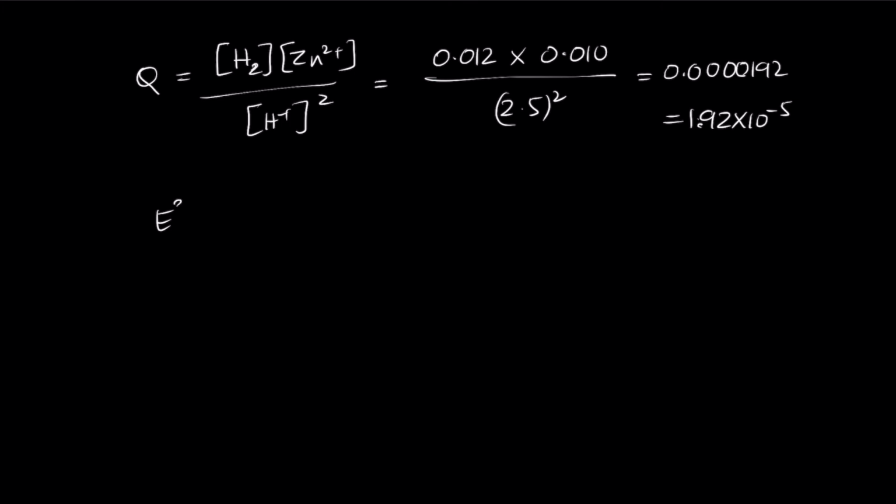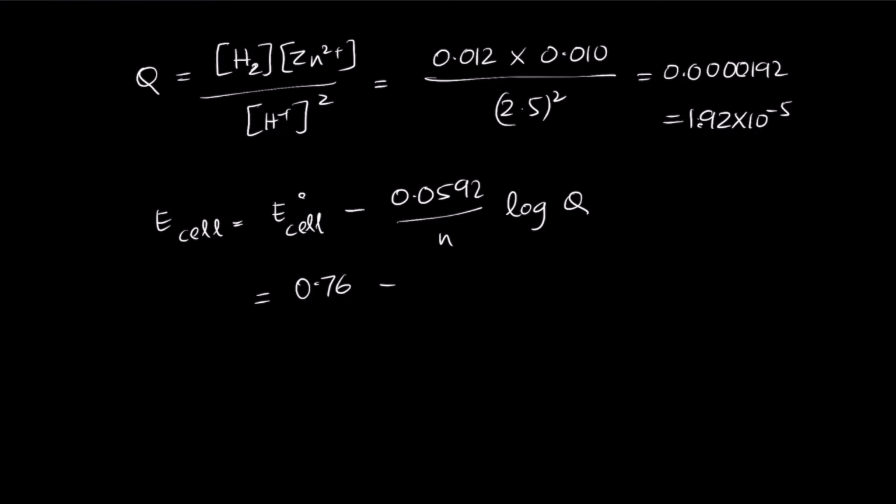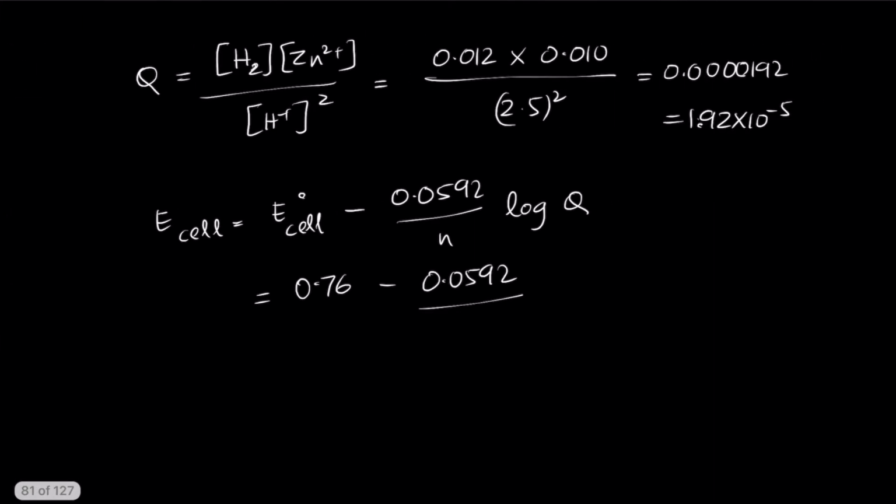So the non-standard cell potential is the standard potential minus RT by nF, which we've written as 0.0592 by n log Q. So E standard of the cell we calculated is 0.76 volts, minus 0.0592 by n. The n value that we calculated from the reaction is 2 moles. So 0.0592 by 2 times log of 1.92 times 10 to the power negative 5.